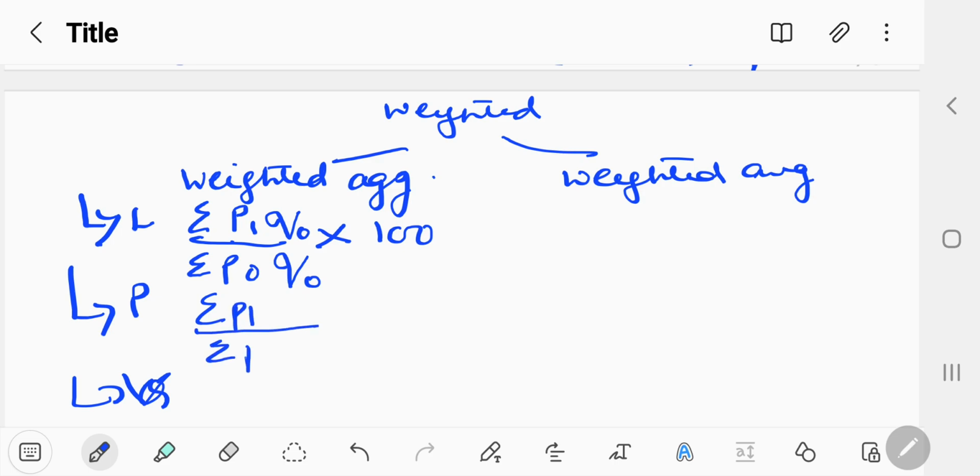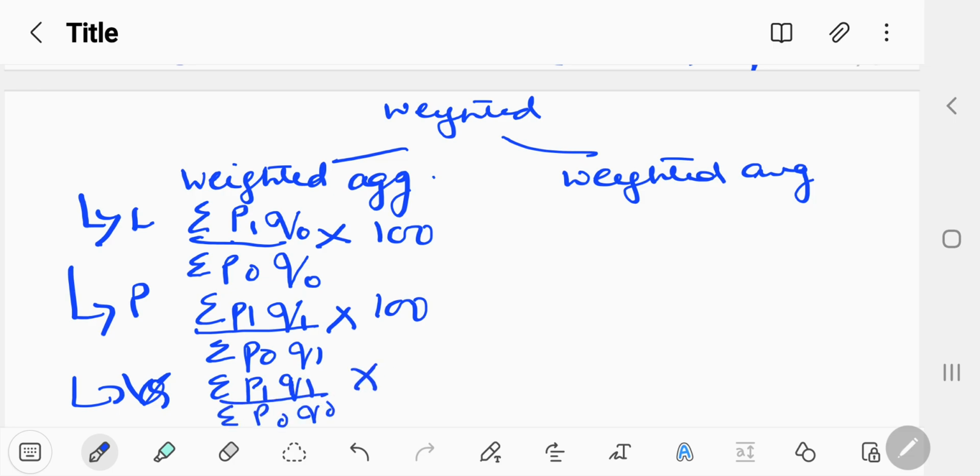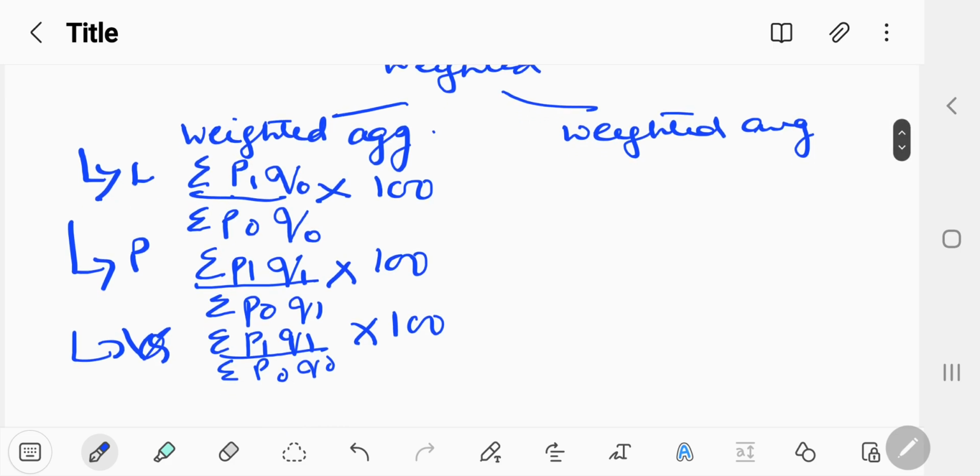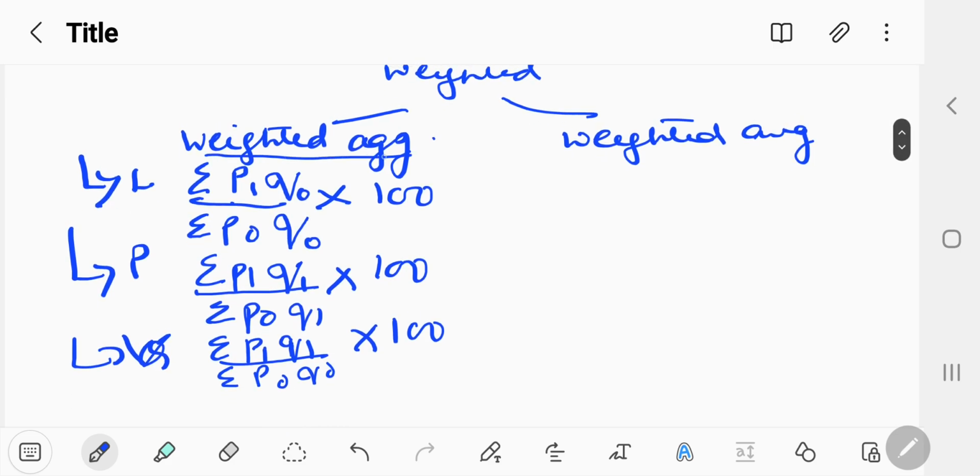According to Paasche, the weight should be the current year quantity. And according to the value index, we multiply base year with base year and current year with current year. So these are the three methods that we have to do in the weighted aggregate price index.